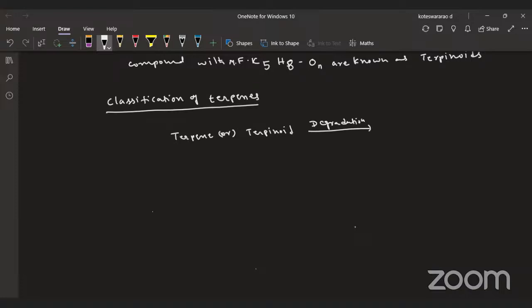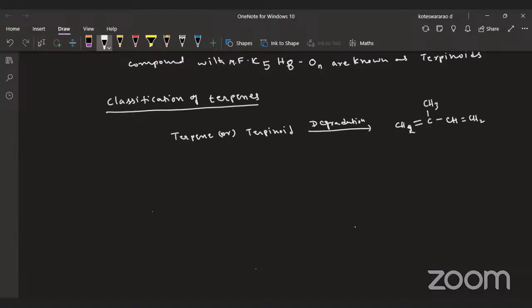Then it leads to produce a unique compound, CH2=C(CH3)-CH=CH2.